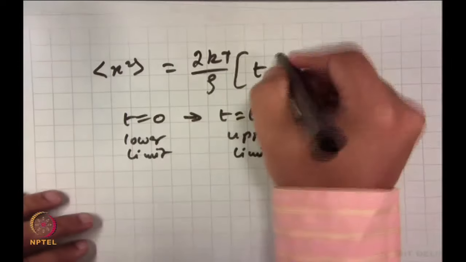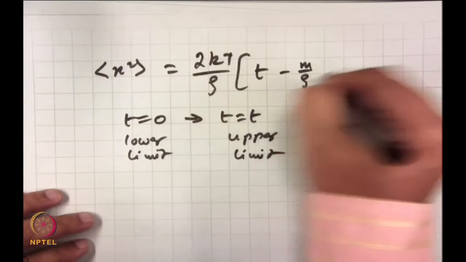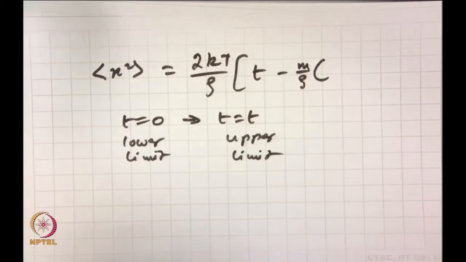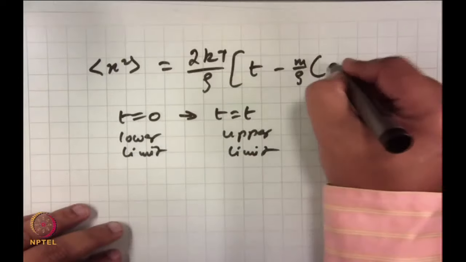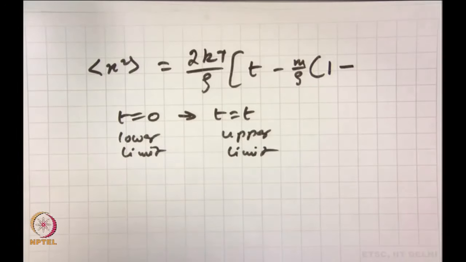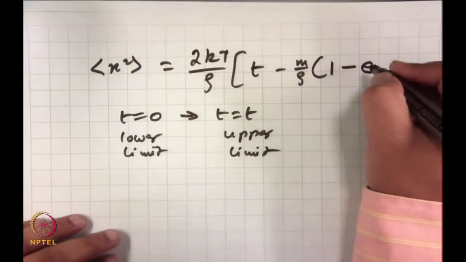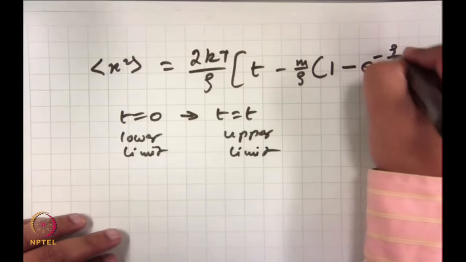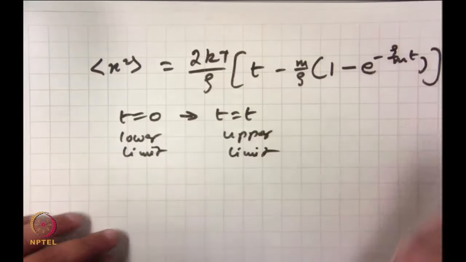Then what should I have? The first one you have 2, right, is 0 to t, one is e to the power minus xi by m into t, that will stay. What about the other one? That will go to 1. So, what should I have now? I should be having 1 minus e to the power minus xi by m t.